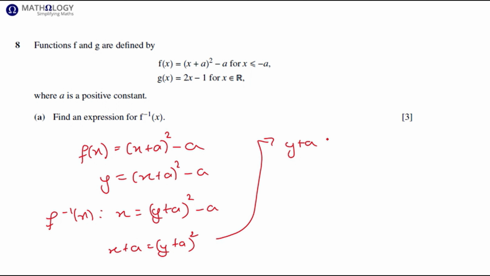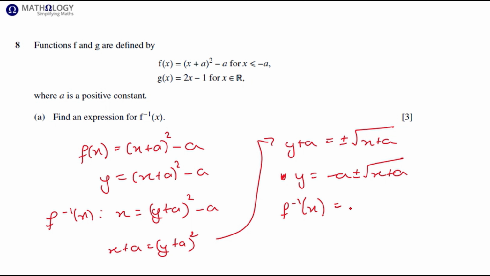Y plus a therefore equals plus or minus the root of x plus a. Y equals minus a plus or minus root of (x plus a). This now represents the inverse of f of x, which is written as f to the minus 1 of x equals minus a plus or minus root of (x plus a).